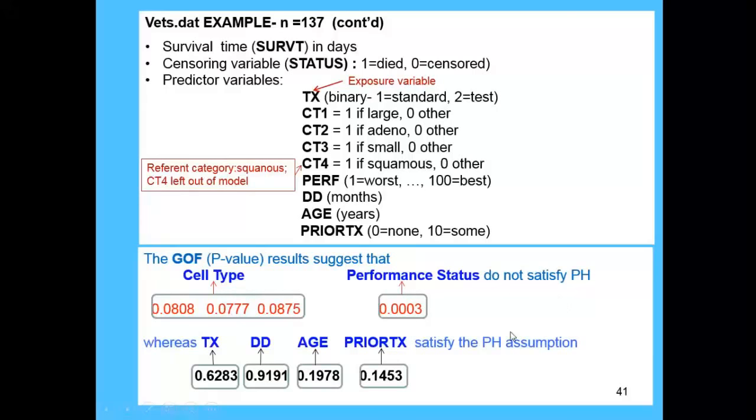I would want to use the log-log curves and also a time-dependent variable way to check this, but I'm shortcutting that and just saying suppose we've used that and they all confirm this. So we've decided that these 2 variables don't satisfy the assumption, and the rest of these variables look like they're okay given the goodness of fit test, because their p-values were all non-significant. So what we would do is stratify on these 2 variables and put these other variables in the model, okay.